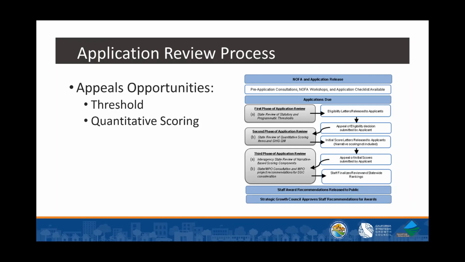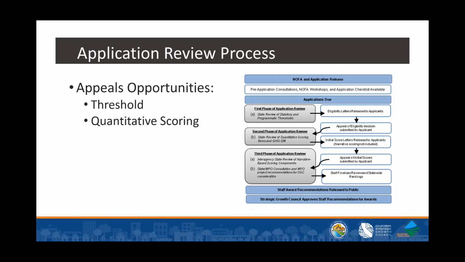Once the threshold review is completed, each project will receive an email outlining their eligibility determination, and that will be sent to their authorized representative. There's a 5-day period after receiving that letter or email where, if the project wishes to appeal, they may do so.